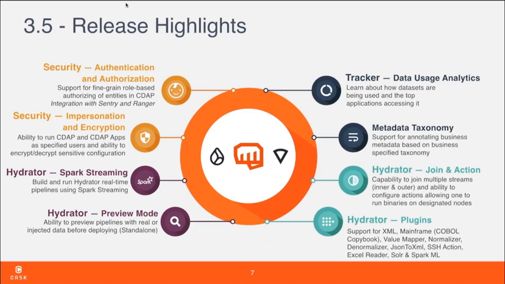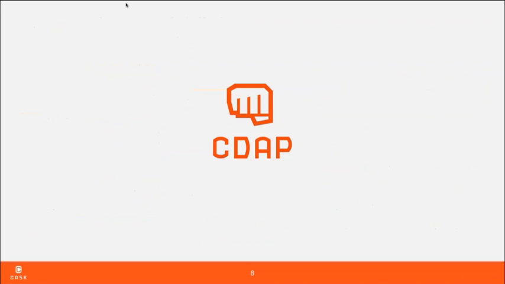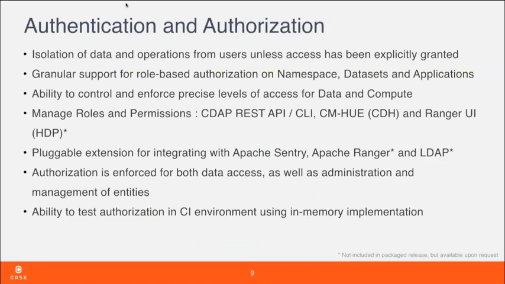So with that, I'm going to go into each individual capability that we have added. We'll start with CDAP. From an authentication and authorization perspective, with this implementation, we'll be able to isolate data and operations from users unless access has been explicitly granted to them.